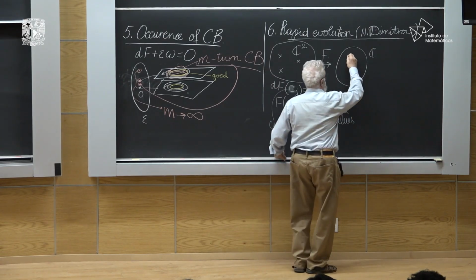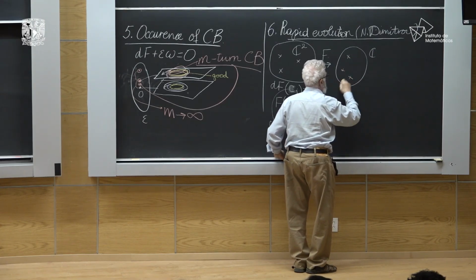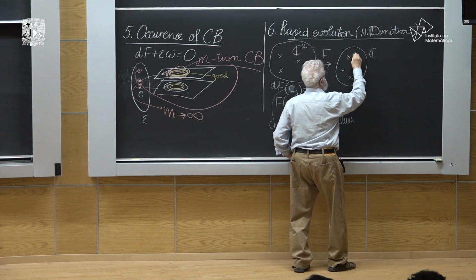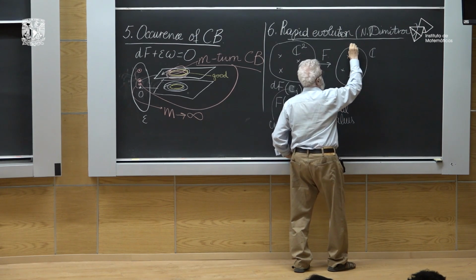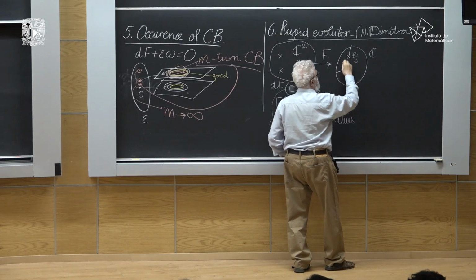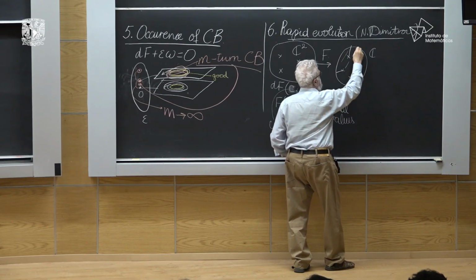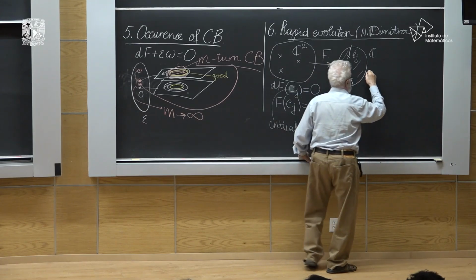So let us mark critical values here in the point C. Let us connect them with infinity, and let us denote the complement to these rays by omega.